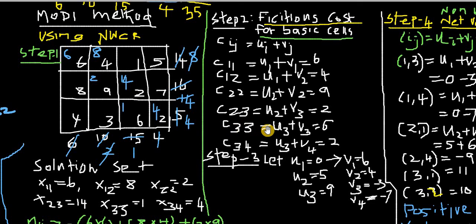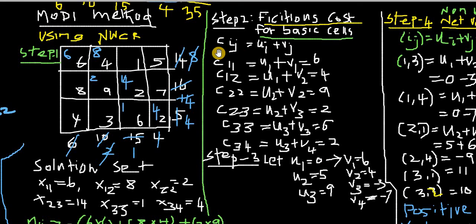And that C33 is equal to U3 plus V3. 6 rupees is the transportation cost. The last cell is this, that is C34 equals U3 plus V4 equals the transportation cost, which is 2 rupees here.